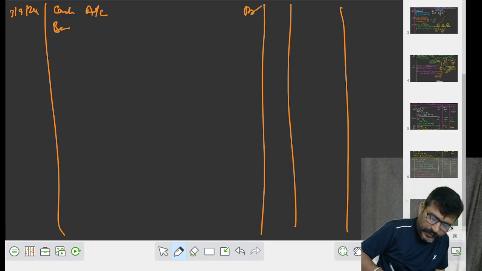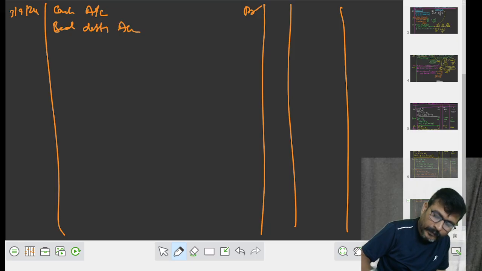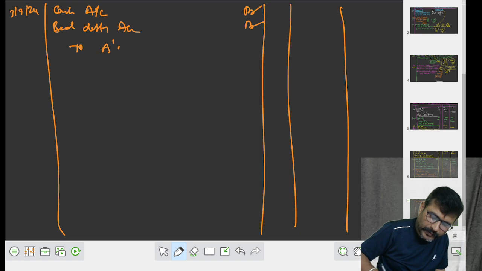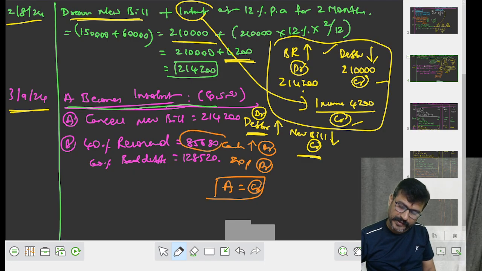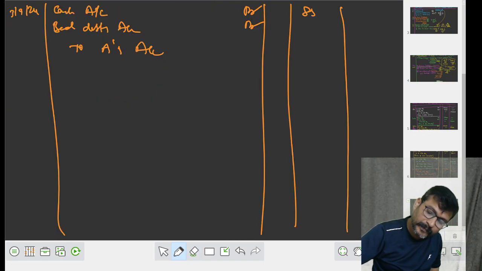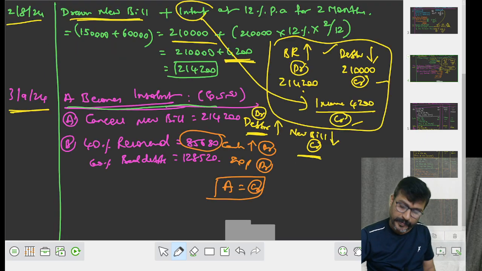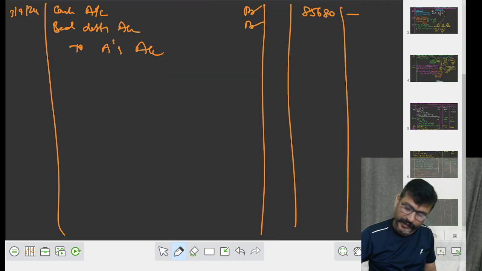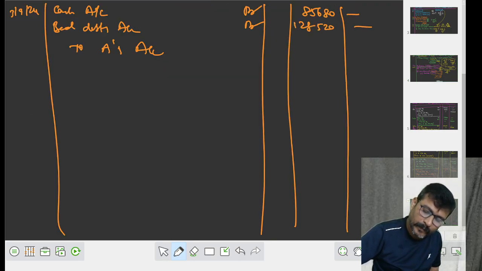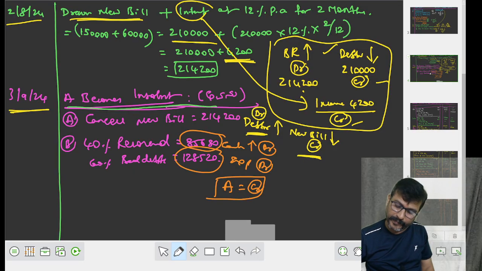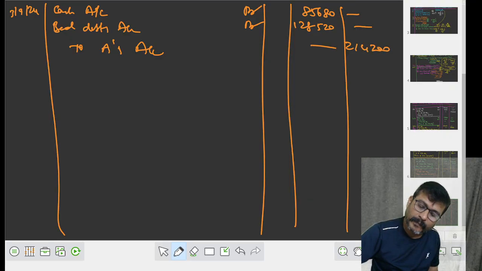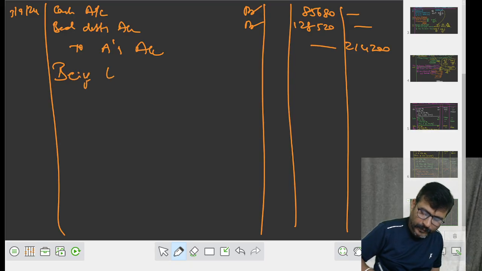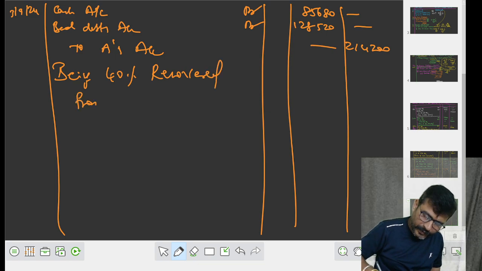Cash account debit, bad debts account debit to A's account. How much is recovered? Recovered is 40%, 85,680. How much is bad debts? 1,28,520. To A को कितना दिखना, full amount of the bill, that is 2,14,200. Being 40% recovered from A.